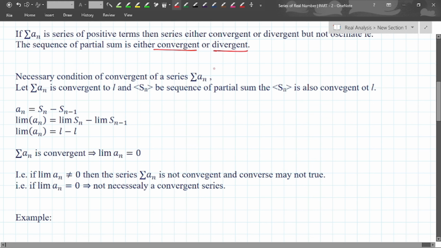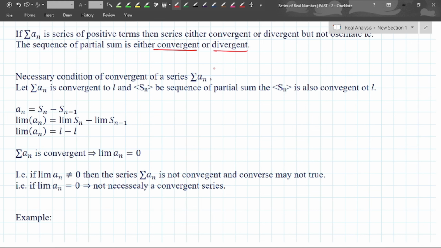For the necessary and sufficient condition, I'll tell you the concept of SOPS. Using this condition, we'll identify what the necessary and sufficient condition is, so that we can proceed with convergence. So a positive term series is either convergent or divergent.